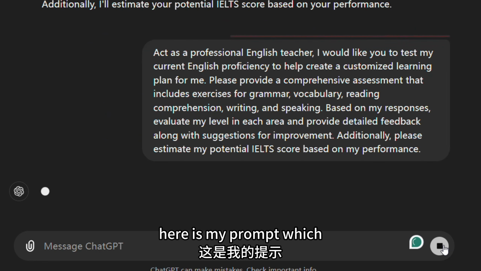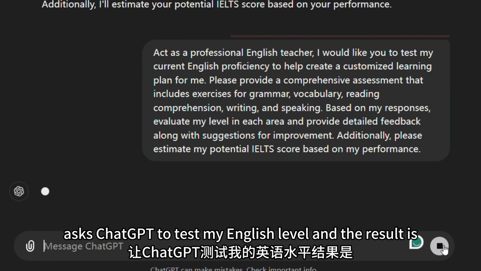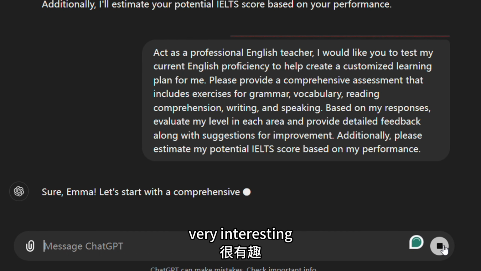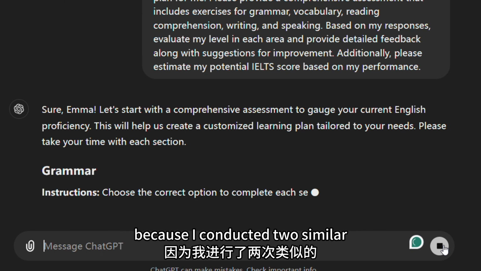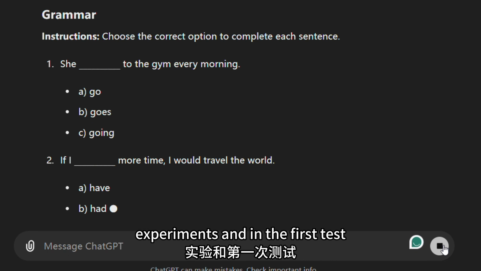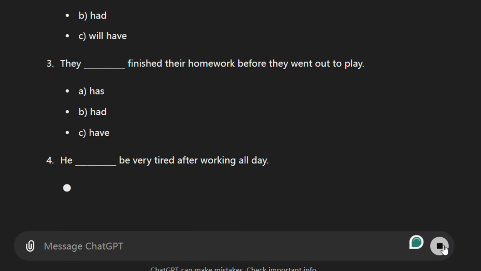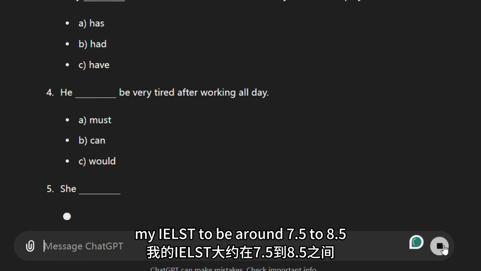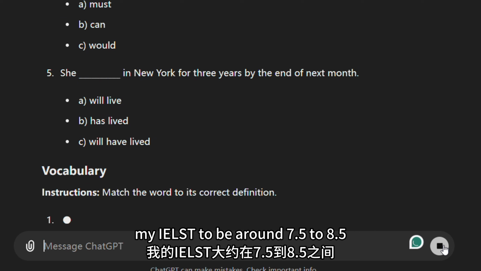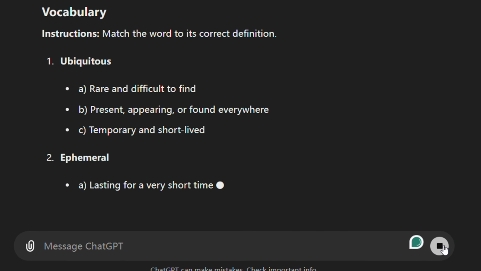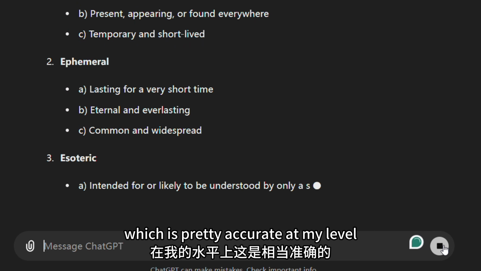Here is my prompt, which asks ChatGPT to test my English level, and the result is very interesting because I conducted 2 similar experiments. In the first test, I participated with my true level, and ChatGPT estimated my IELTS score to be around 7.5 to 8.5, which is pretty accurate at my level.